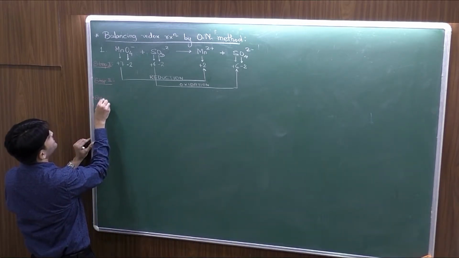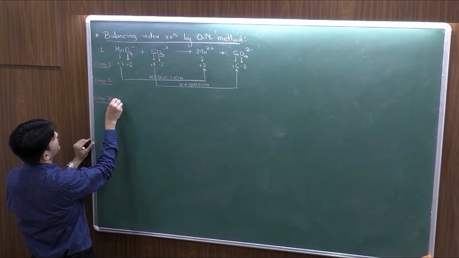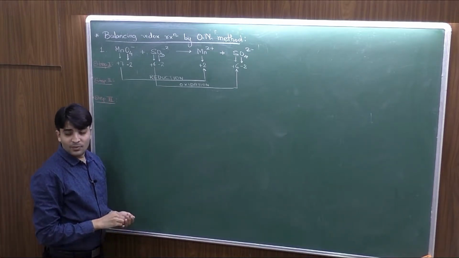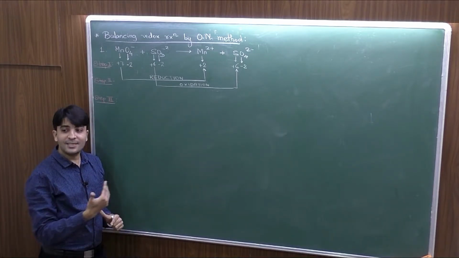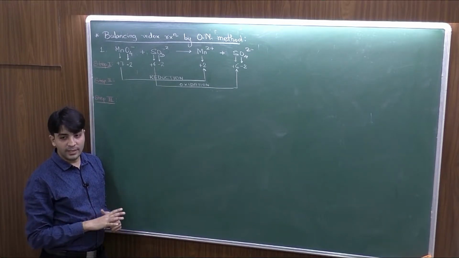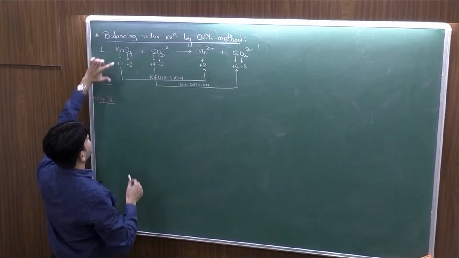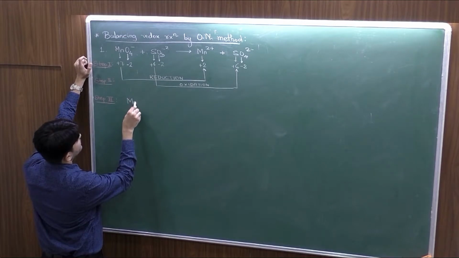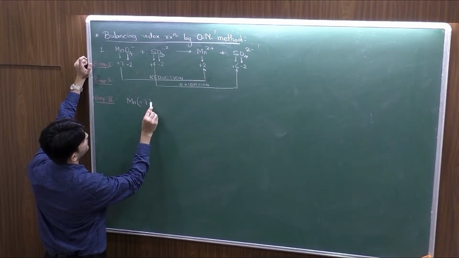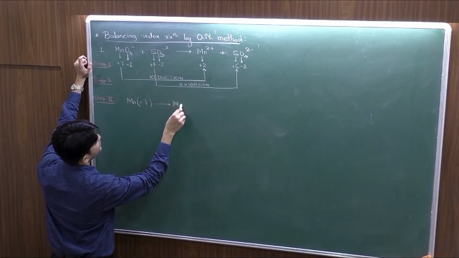I am not writing the statements over here, main steps की बात कर रहा हूँ, ध्यान देना. In step 3 you have to observe how much is the increase and how much is the decrease. So manganese, I can say it's changing from plus 7 to plus 2.